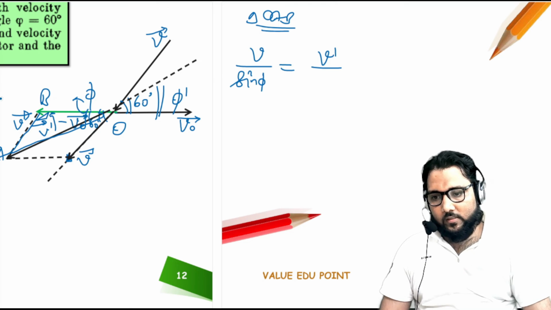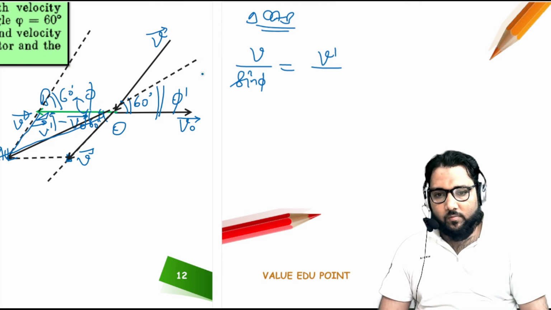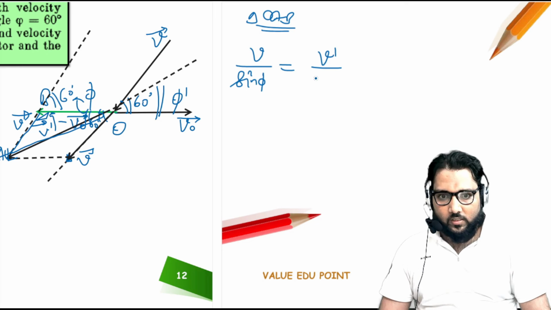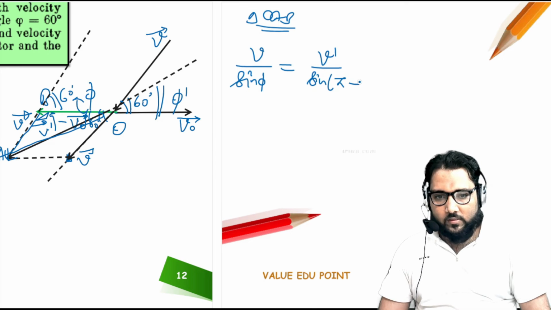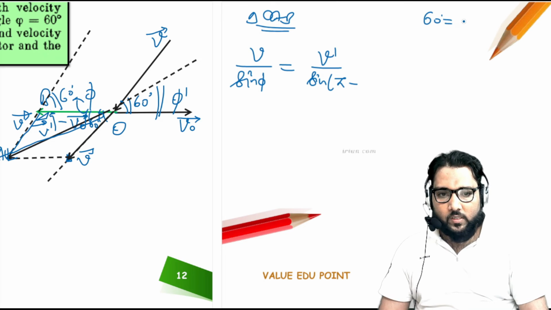This is the v vector. The direction of this v dash vector is in this direction, and we know the direction is 60 degrees. So this angle will be pi minus 60 degrees. We can write 60 degrees in radians, that is equal to pi by 3.